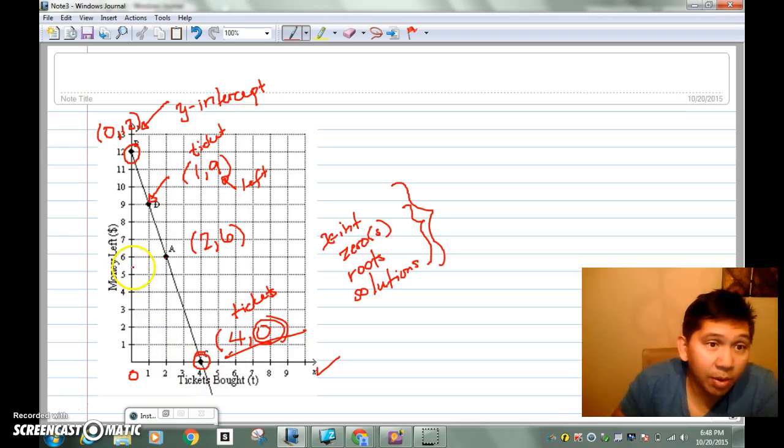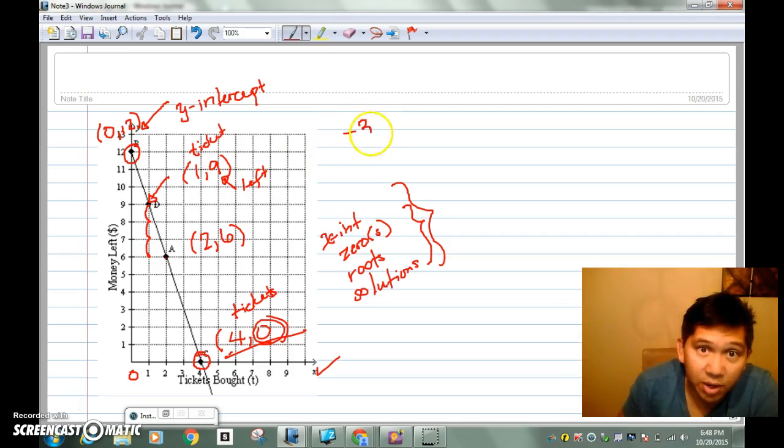Now, let's talk about finding slope real quickly. By the way, just going through this, if we start with $12 and we did not buy anything, and then after 4 tickets, now we don't have any money, can you guys tell me how much is each ticket? We can do that 2 different ways. All we need are 2 points to find a slope, right? So I can start here, down 2 and 3. So how many times did I go down?